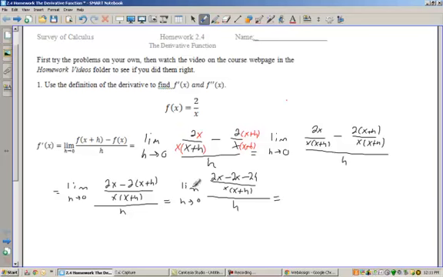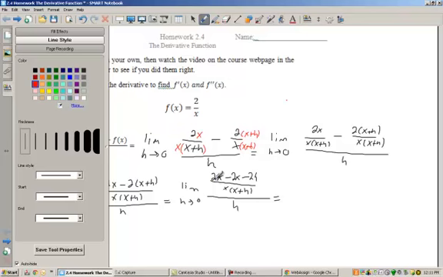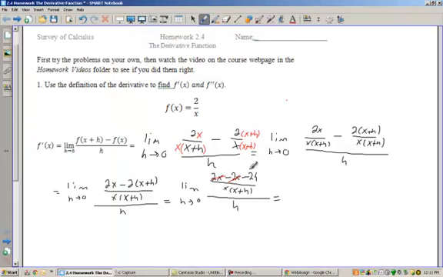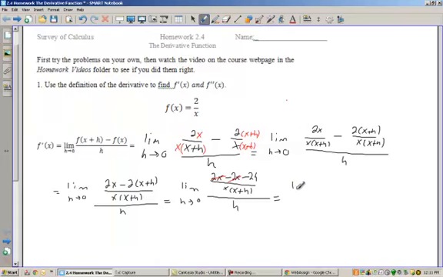What we're going to get is some cancellation here. If you have 2x and you take away 2x, they cancel. So this is equal to the limit as h goes to 0 of negative 2h, all divided by x times x plus h.